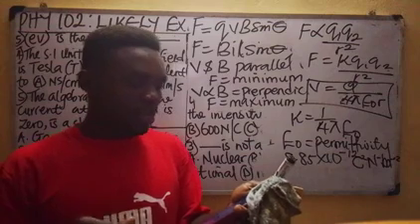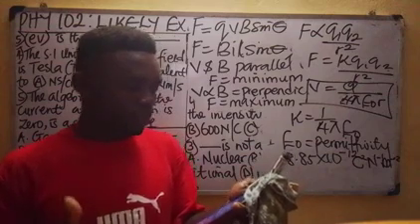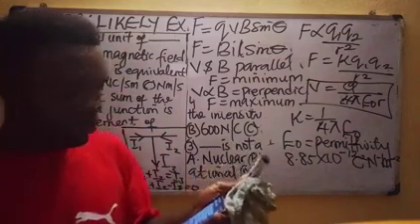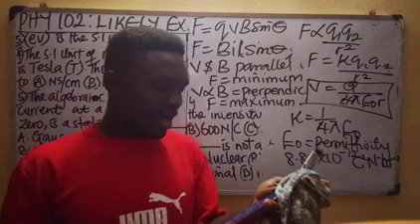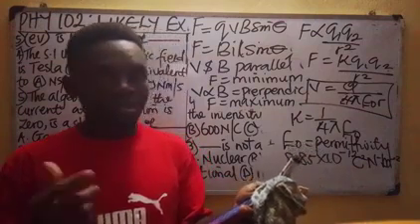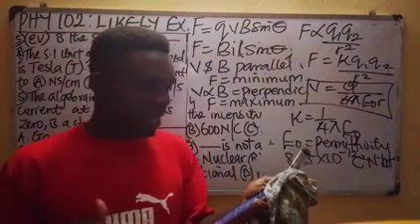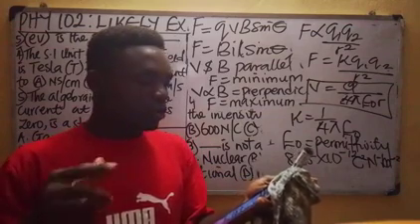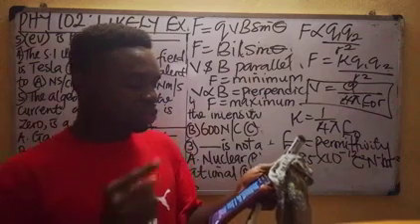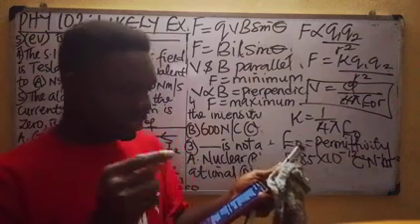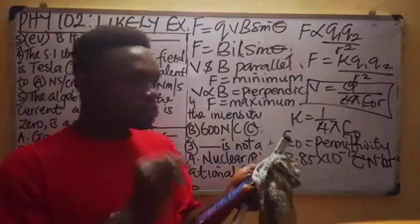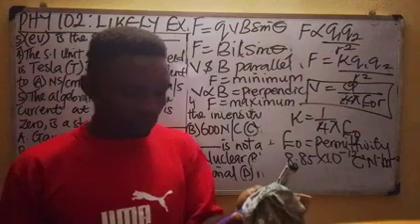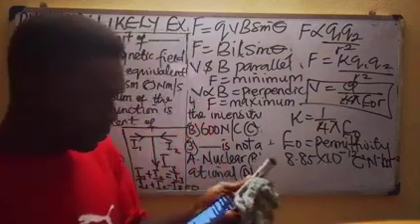Option B, the algebraic sum of all potential drops across the passive elements of a closed circuit is not the same as the resultant EMF in that circuit. Option C, at any junction of the electric circuit, the sum of all currents entering into the junction, I explained that before, must be equal to the sum of all currents leaving the junction. So you don't have to read further. The answer is simply C.